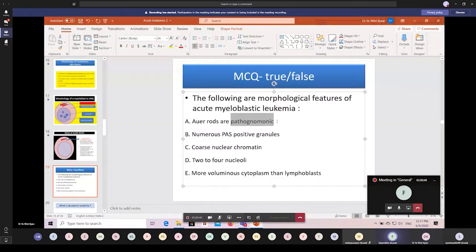Pathognomonic means if you see this one, you can tell a definite diagnosis. If you see Auer rods, you can tell there is no other; this is AML only. This is not lymphoma, this is not ALL. So it's a specific feature of AML.